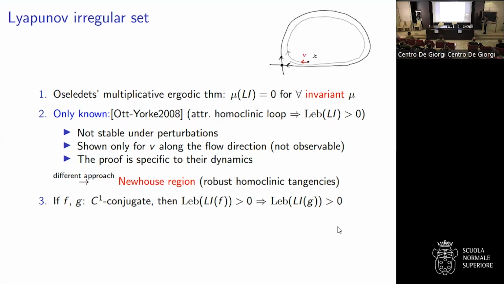I want to find many examples whose Lyapunov irregular set is positive. So I need to take care of this fact: if F and G are C1 conjugate to each other, then the positivity for F is equivalent to the positivity for G. Yes, so I need to, sorry, take care of it.